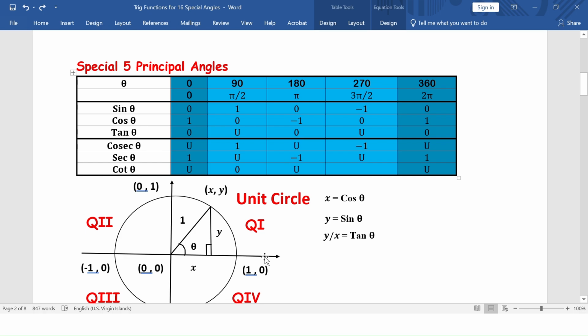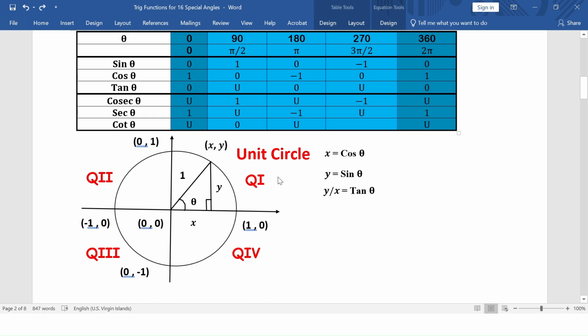So this is the unit circle, where quadrant 1 has the positive x-axis and the positive y-axis. But when we move anti-clockwise to quadrant 2, y is still positive, but now x values are negative.